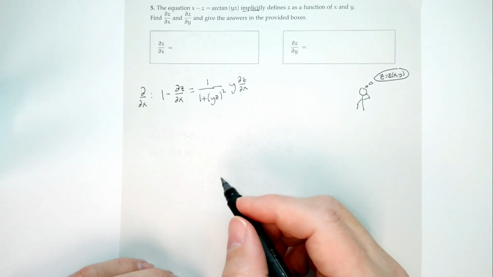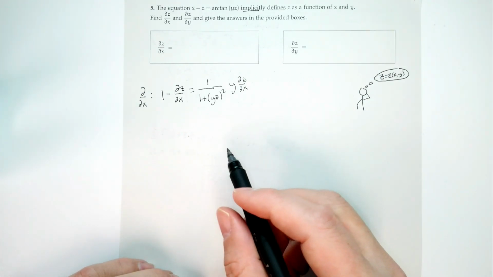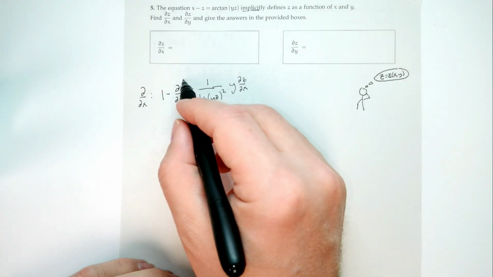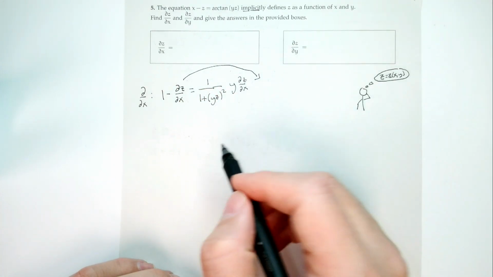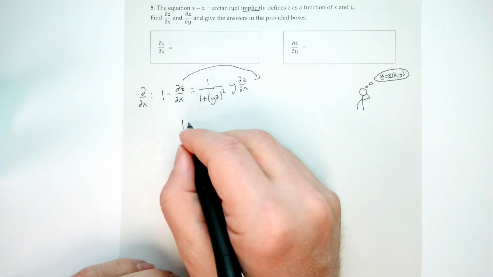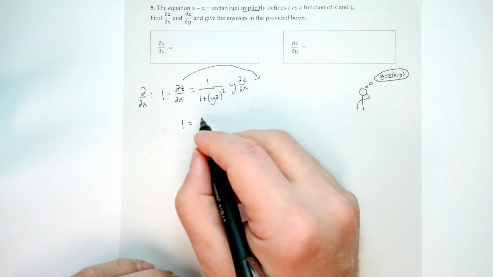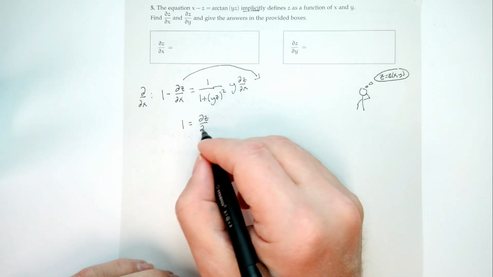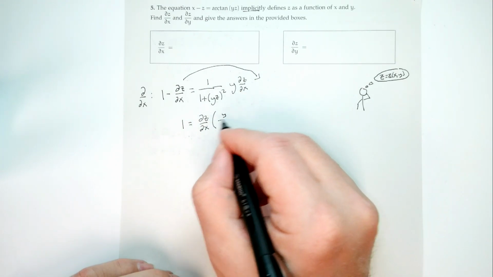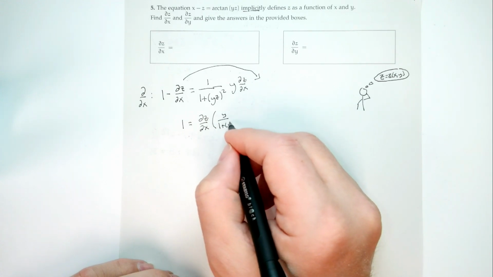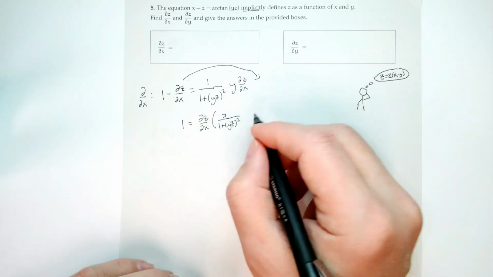Now, at this stage, we should move stuff around. So, for example, we can move this over to here, and we get that 1 is equal to, and when I move it, both terms have a partial z partial x. I'll go ahead and factor that out: partial z partial x times y over 1 plus yz squared plus 1.